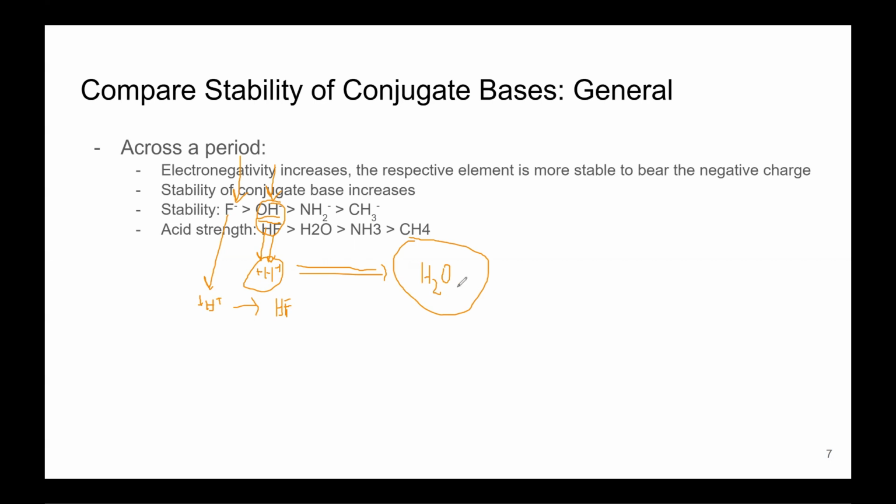And so what's another thing that we learn from this trend? Well, we know that when an acid is stronger, its conjugate base is weaker because the conjugate base is more stable. And if we say it the other way around, if a base is stronger, then its conjugate acid is weaker. And that's how we can compare the strength of bases as well.